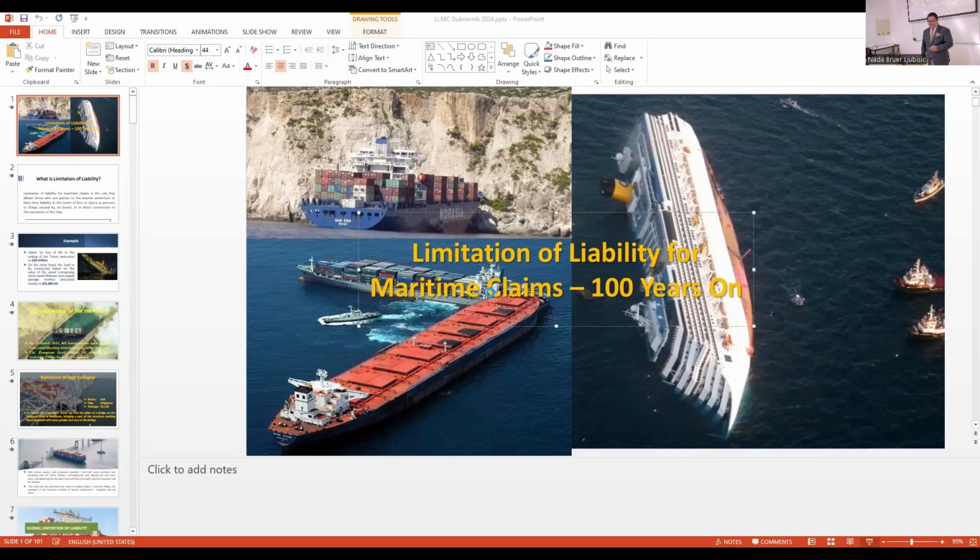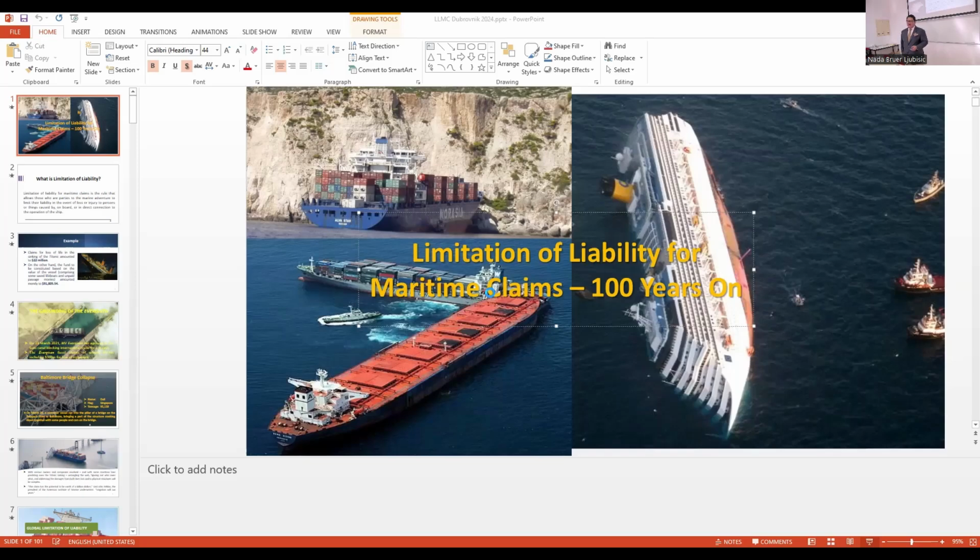But there may be circumstances in which the ship owner may lose his right to limit liability. Originally, under the 1957 convention and before, the right to limit was lost by the fault or privity of the owner.